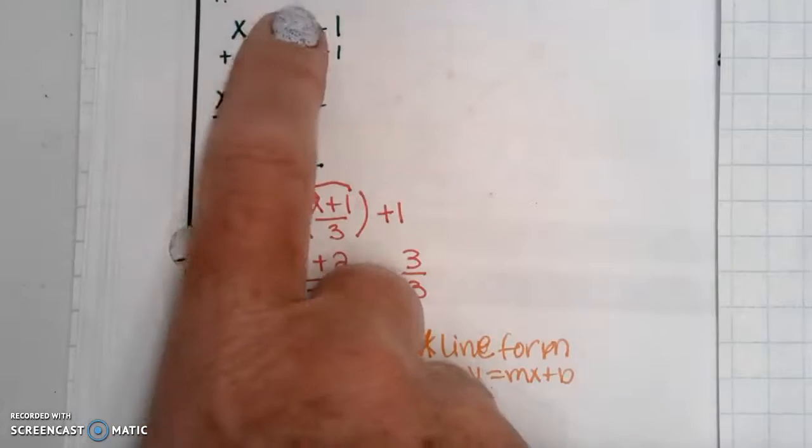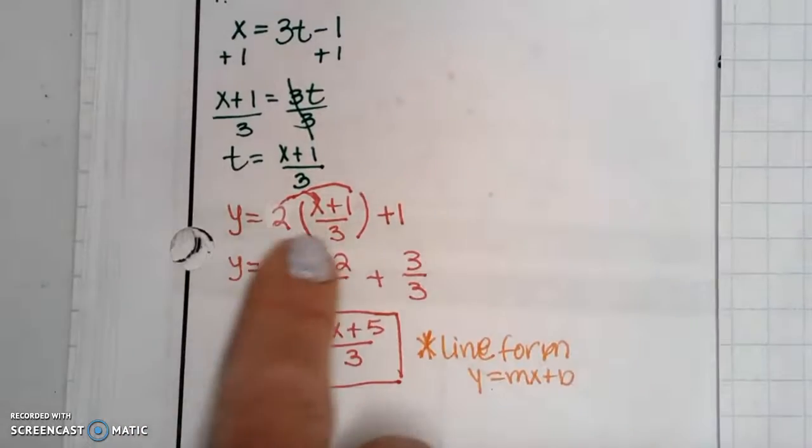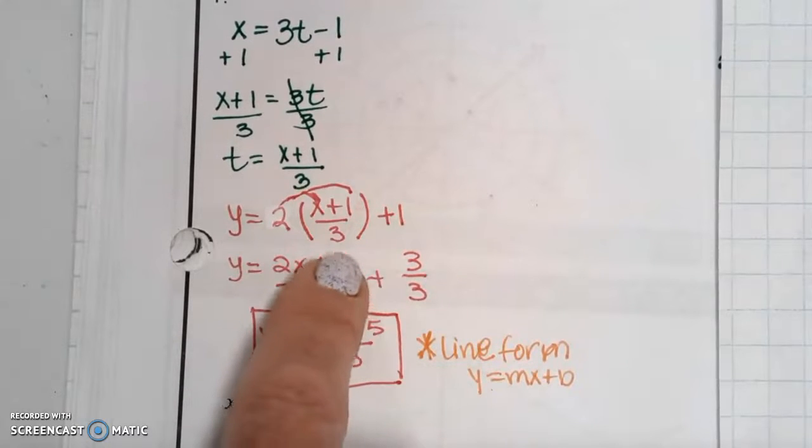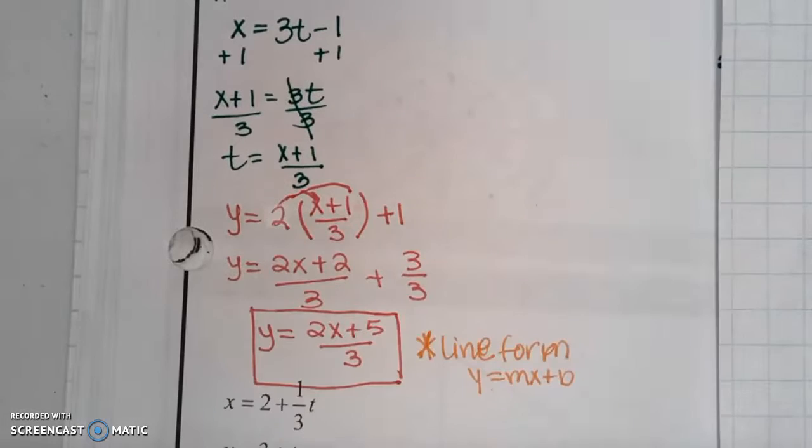So instead of writing t there, we're going to put parentheses and plug in that x plus 1 over 3. There would be a t right here, but we're substituting in, so we just plug it in there.